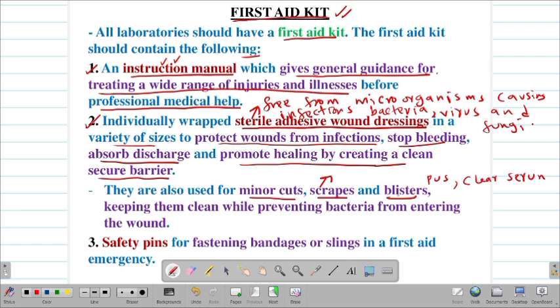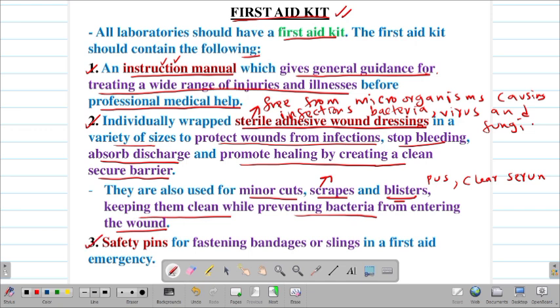So the sterile adhesive wound dressings are used for minor cuts, scrapes, and blisters, keeping them clean while preventing bacteria from entering the wound, or preventing the living microorganisms causing infections, such as the bacteria, fungi, and also the virus.